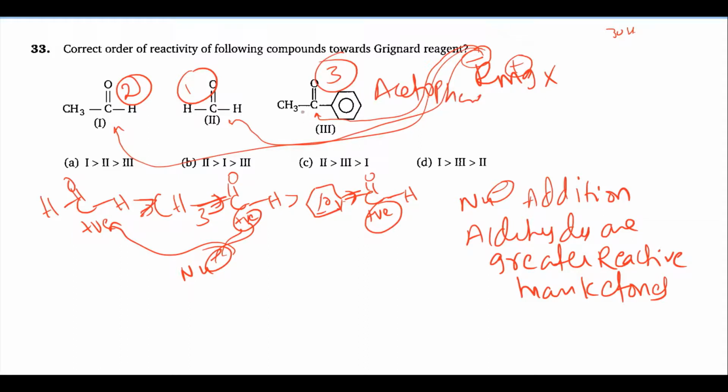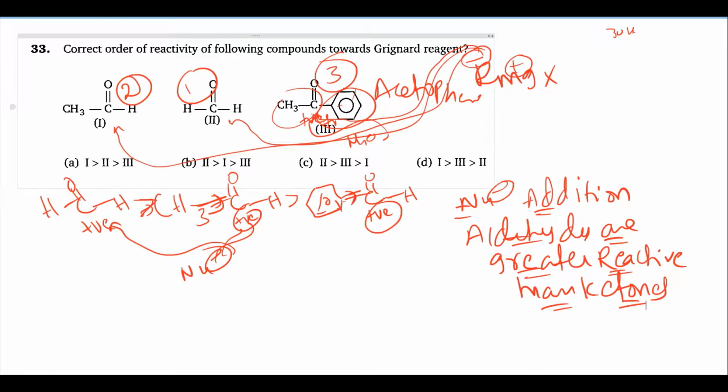Acetophenone is less reactive because it is a ketone, so there is more steric hindrance and less positive charge. That's why nucleophilic addition is difficult. I hope you understood: nucleophilic addition for aldehydes is greater than for ketones. This is question number 33. The answer will be option B: 2 greater than 1 greater than 3.